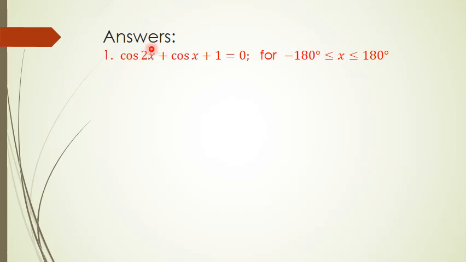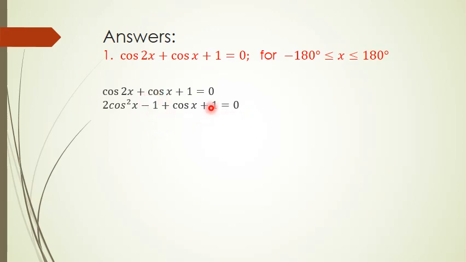Remember, this is the one where you have three alternatives. Guided by cos x here, we choose the one which has cos only so that we maintain one trig function in the equation. That's replacing cos 2x with 2 cos squared x minus 1, then plus cos x plus 1 equal to 0.